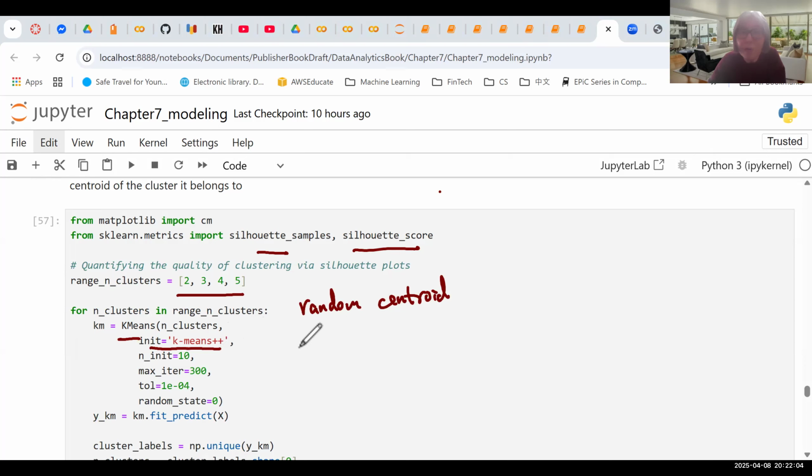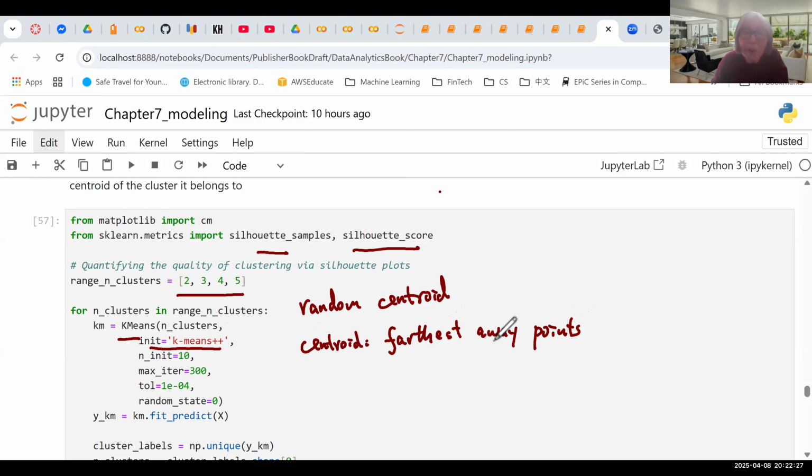Plus plus means the centroid is the furthest away point. That makes sense. The further away, the lower the possibility to be in one cluster, is it?